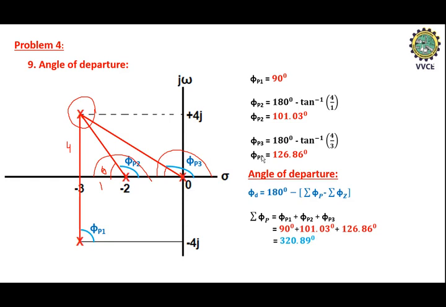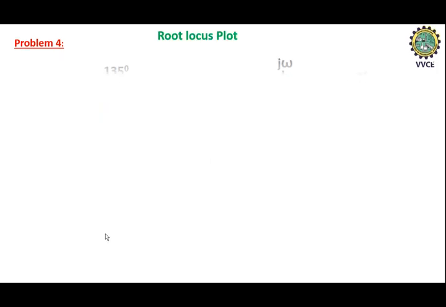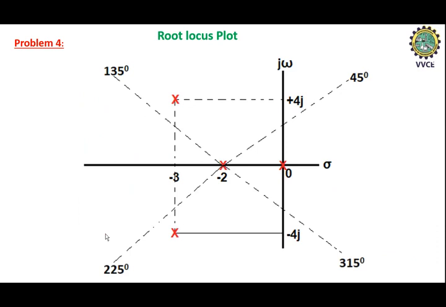There are no zeros in this problem, so summation of phi z can be treated as 0. So phi d is equal to 180 degree minus 320.89 degree, that gives minus 140.89. This is the angle of departure that gives the direction of these complex poles, this one as well as this one.